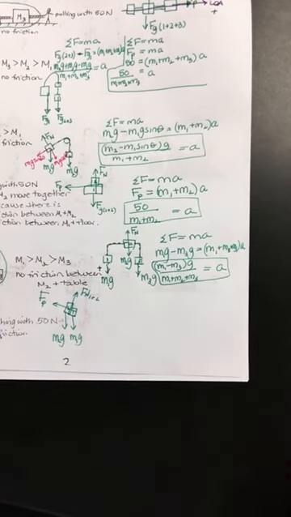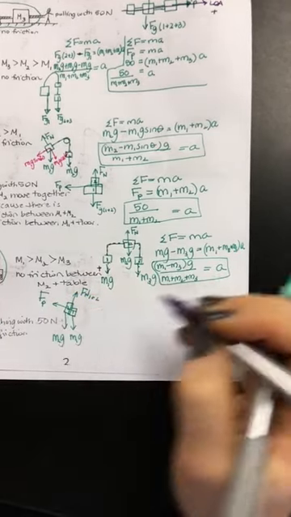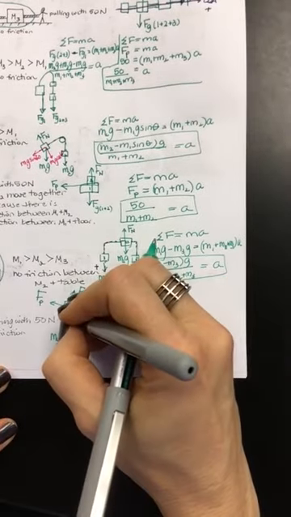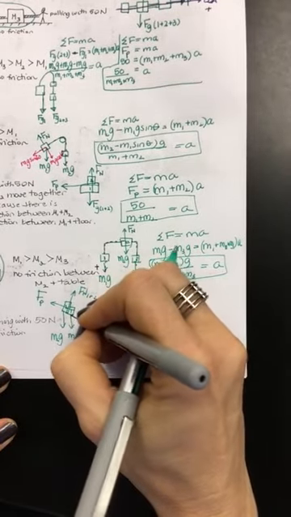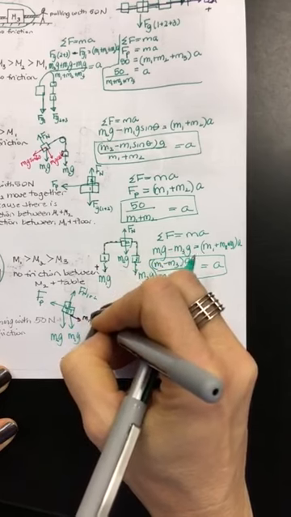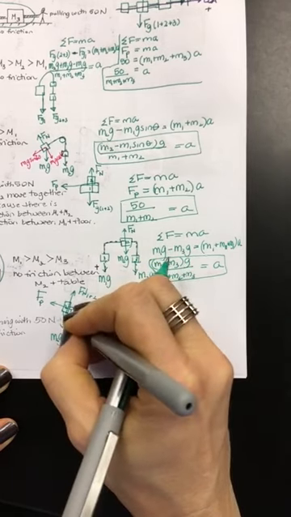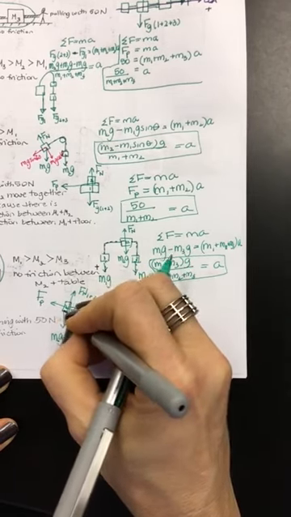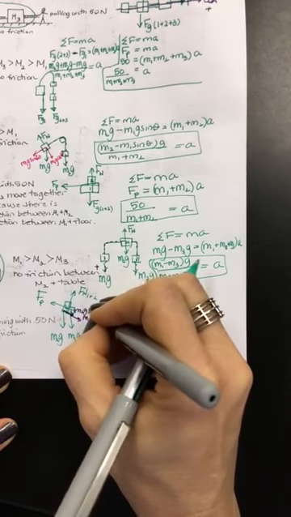And we're not going to worry about friction. So these forces here have to be split into their components. So you've got M1g sine 30, and this one's going to give you M2g sine 30.